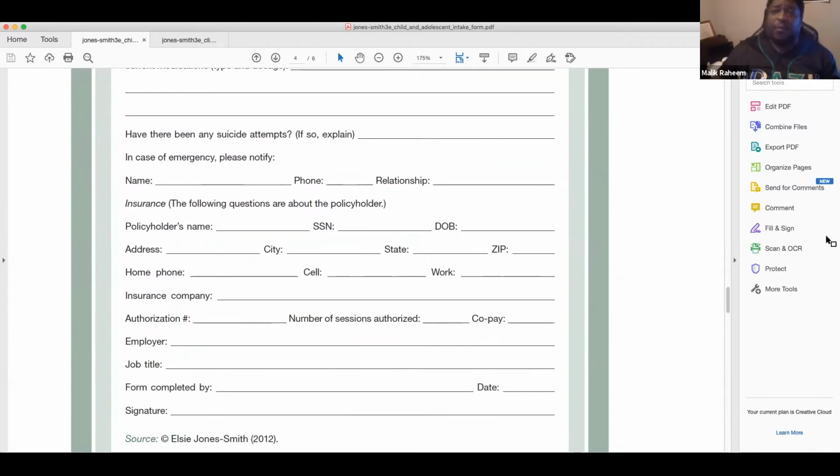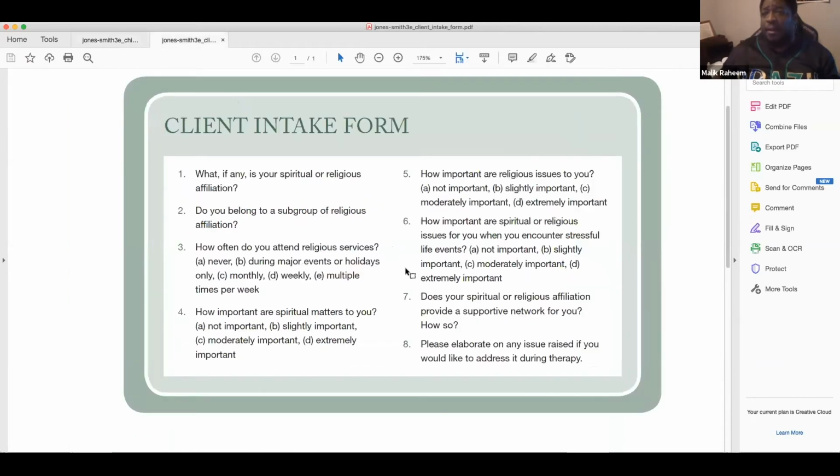And it's similar with adults. Here, on the client intake form, you want them to answer questions like what are their spiritual and religious affiliations, how often do they attend religious services. One of the reasons this is very important is that in a lot of cultures, religion and spirituality are what the field calls protective factors.